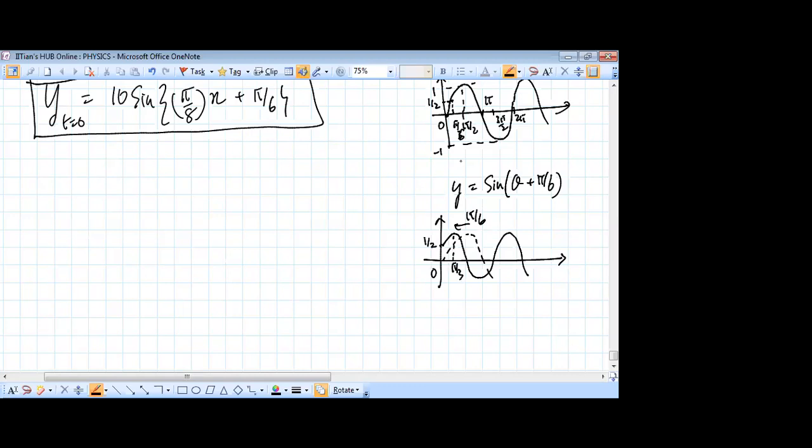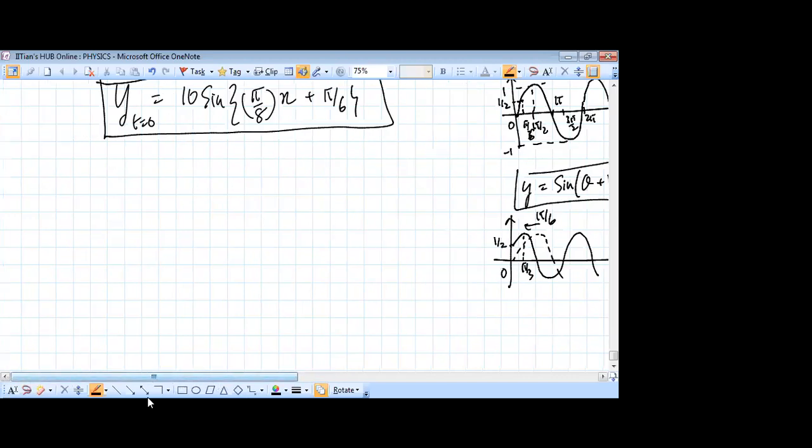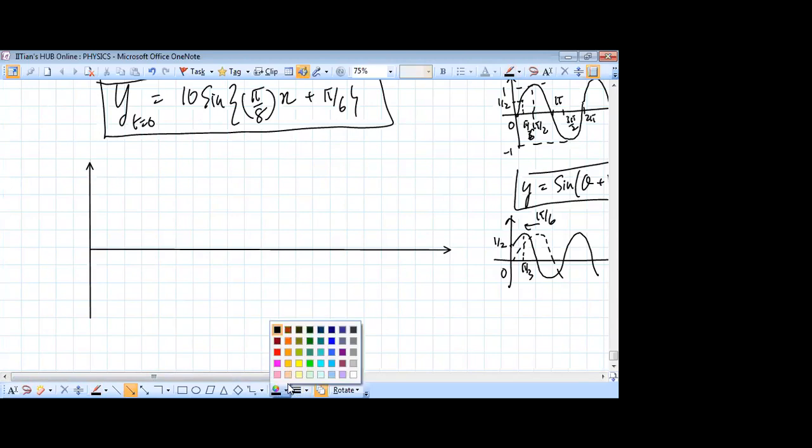Okay. So now we are going to plot this only, but replace the value of theta with what? Pi by 8x. So accordingly, our data points will shift. So this graph is going to look like this, but only the values are going to be different.